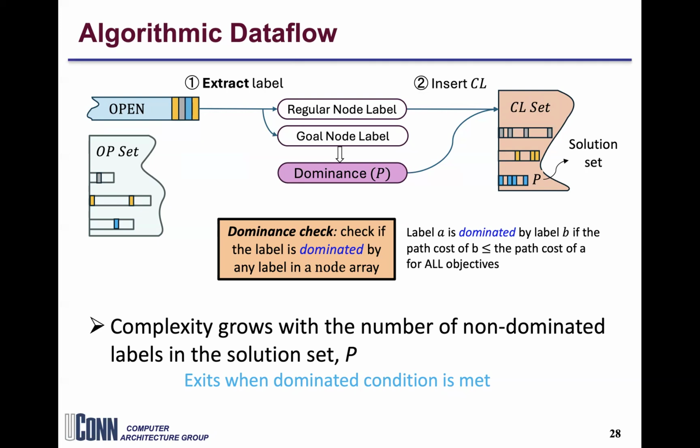Dominance: if the path cost of that label in the solution set is less than the path cost of the label that I'm trying to insert into the solution set for all objectives, then that label is dominated by an existing label in the solution set, and I should not be inserting this particular candidate into the closed set.